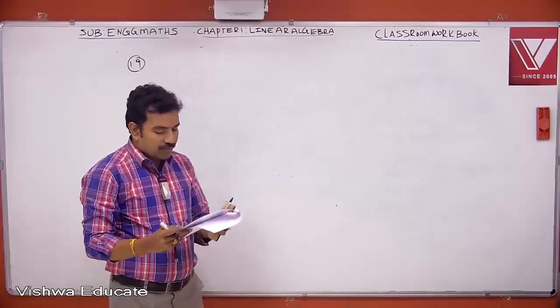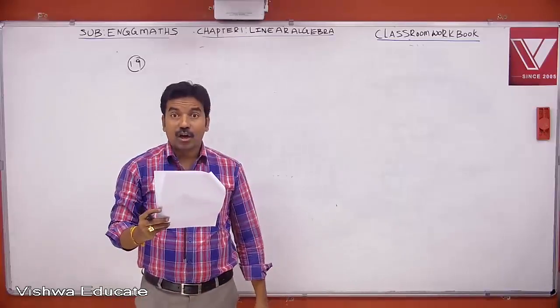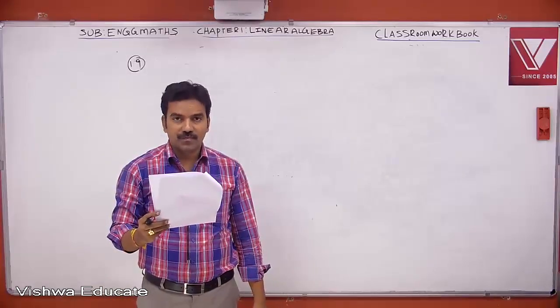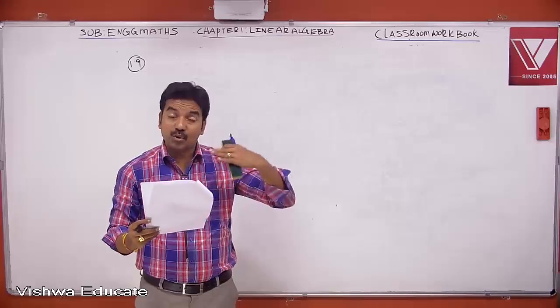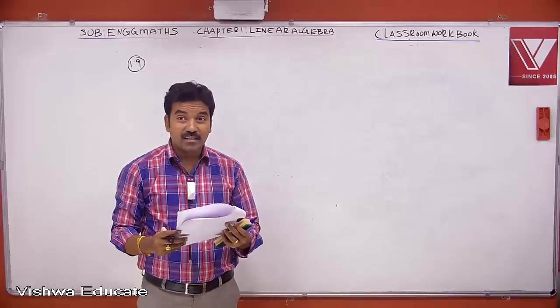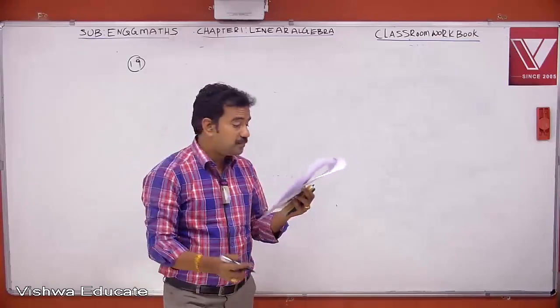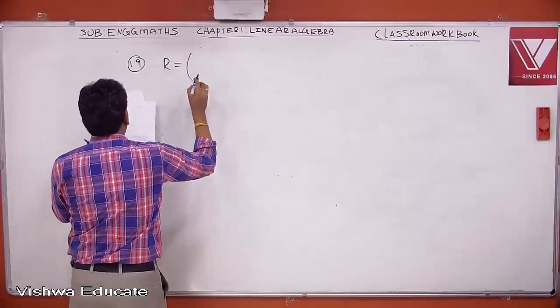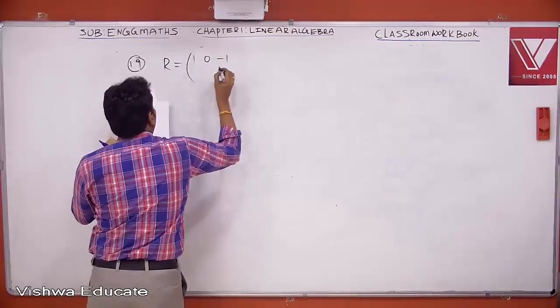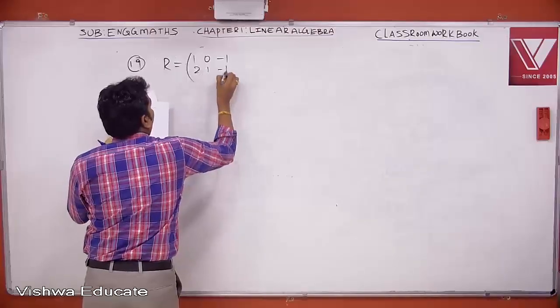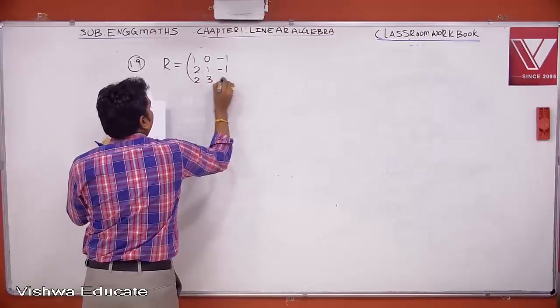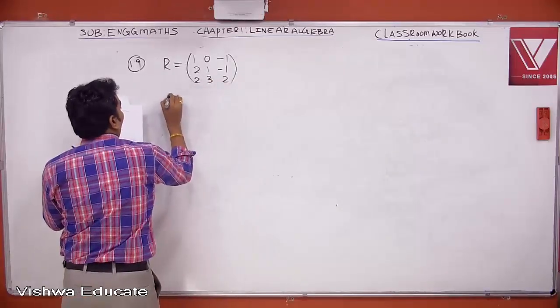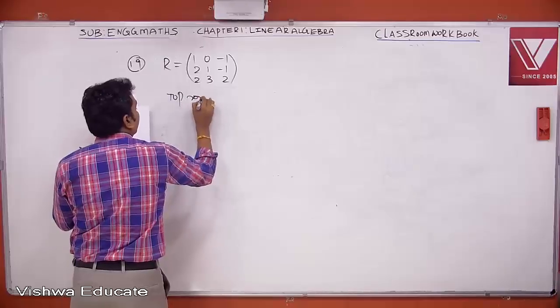If R equals some 3 by 3 matrix, then the top row of R inverse. They were asking only the first row, top row. So in this case, there is no chance for verification. Let us see, the matrix is this. R equals 1 0 minus 1, 2 1 minus 1, 2 3 2. They were asking the top row of R inverse.